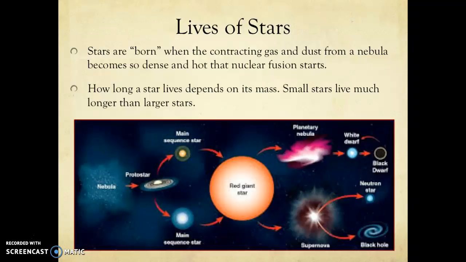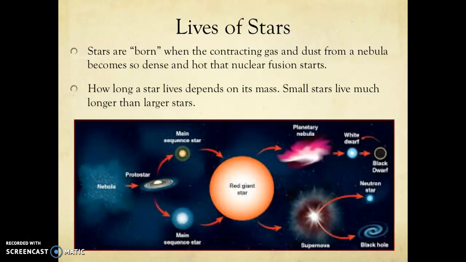Now, how long a star lives depends on one thing, and that's the star's mass. Small stars tend to live much longer than larger stars, and the reason has to do with fuel. We'll talk about fuel in a little bit, but you can think of it kind of similar to cars. If someone's got a large truck, you might know that those trucks go through gas much faster. You need to fill up the tank more often.